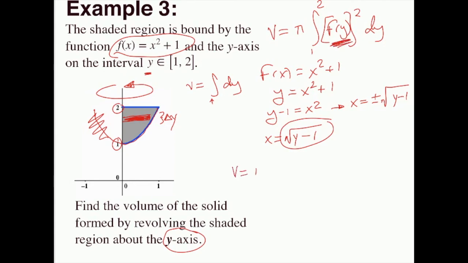So volume is equal to pi times the integral from 1 to 2. Remember, 1 to 2 came from the y-axis. The square root of y minus 1 squared dy.